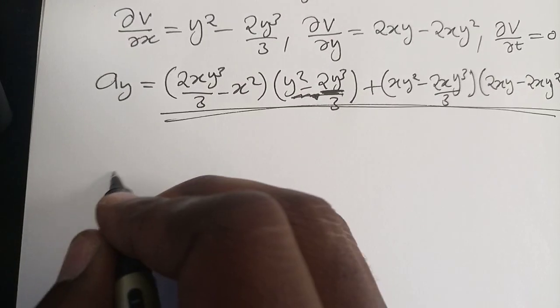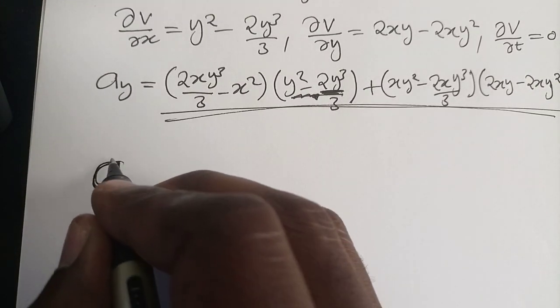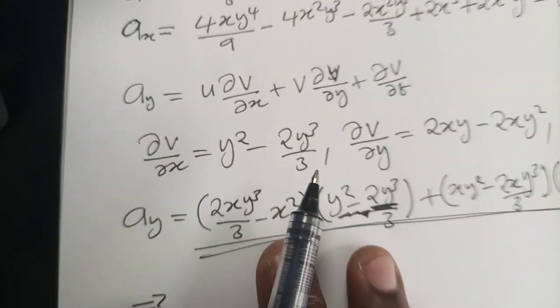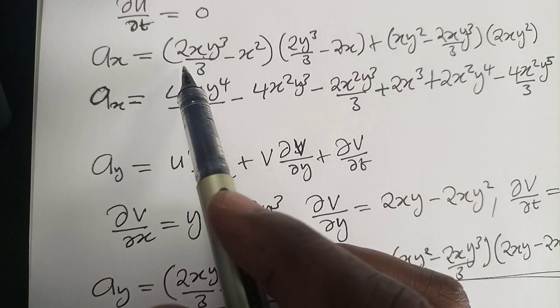So the acceleration vector will now be given by the first component of acceleration, this one.